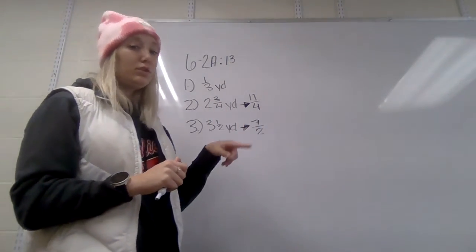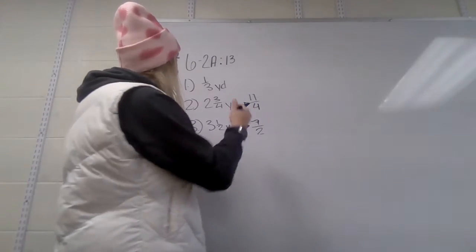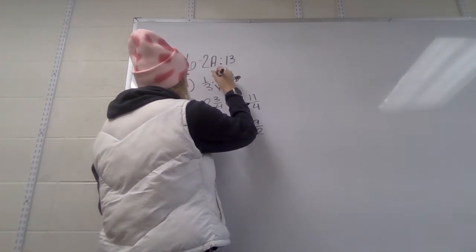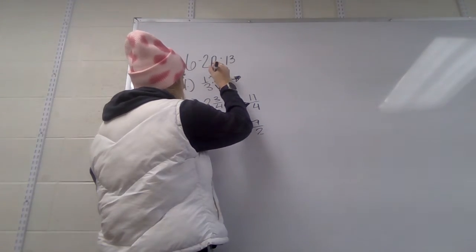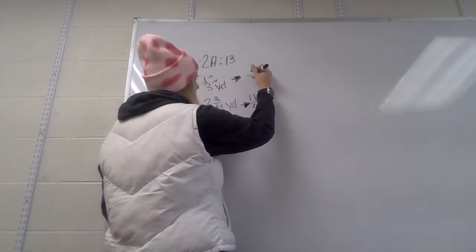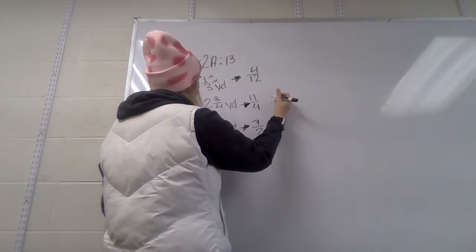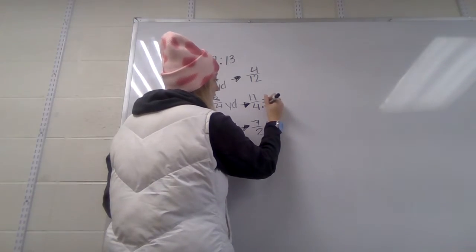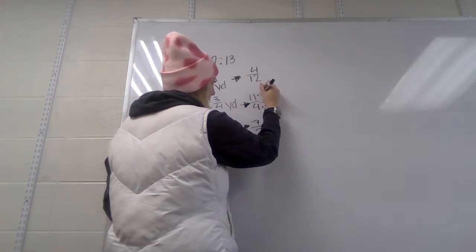So I'm going to do 12, okay? So 1/3 times by 4, times by 4. Make sure you times both the top and the bottom by the same number so it's all the same, okay?